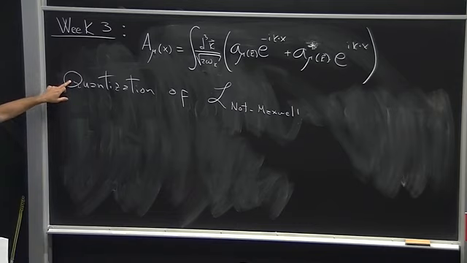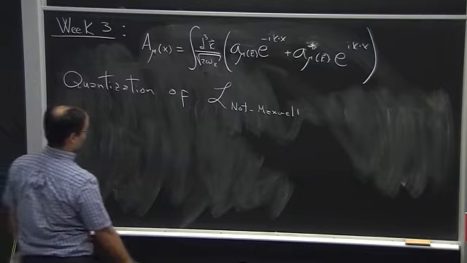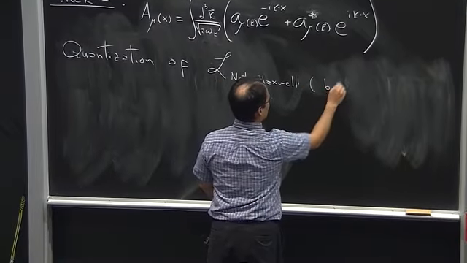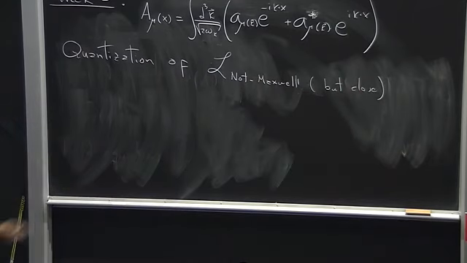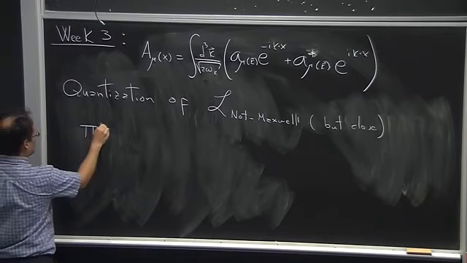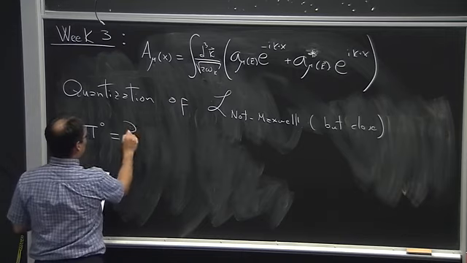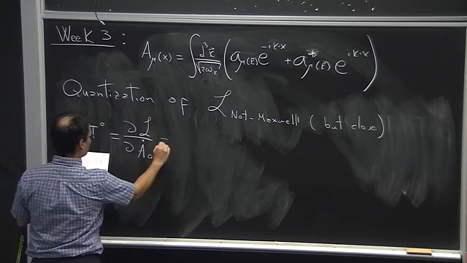So let's attempt to quantize our not Maxwell theory. Not Maxwell, but close. Because otherwise there will be an infinite number of non-Maxwell theories. So what was the problem we had? We had precisely a problem with pi 0. Which was this quantity.